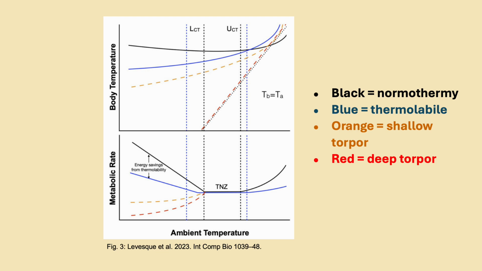The blue denotes some flexibility in body temperature to track ambient temperature to a certain degree, lowering the energetic cost, and then orange and red denote various forms of torpor or hibernation, which includes active suppression of metabolism and oftentimes also a decrease in body temperature.